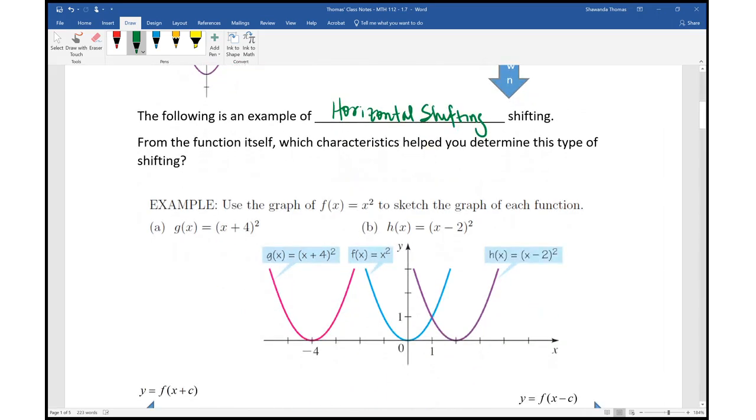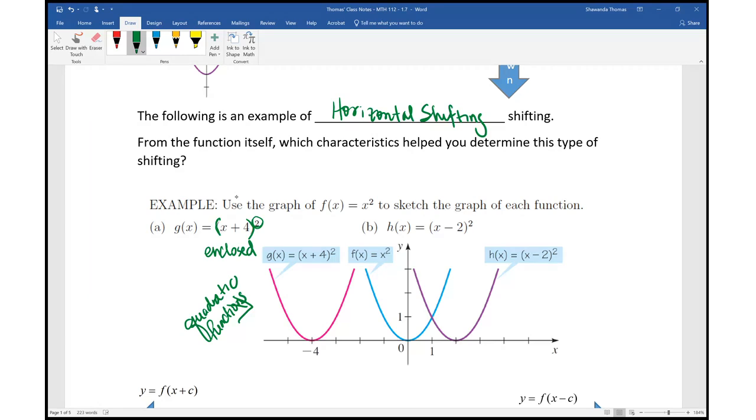So you have a case where we still have quadratic functions here, but you can tell that this is horizontal shifting because our squared is on the outside of something that's enclosed. That square indicates that it's quadratic. If it was a 3 on the very outside of something enclosed, then it would be cubic. That would be an entirely different shape. But notice it's enclosed in something.